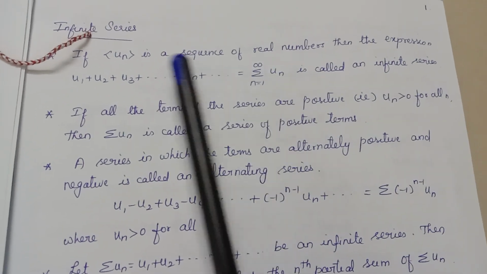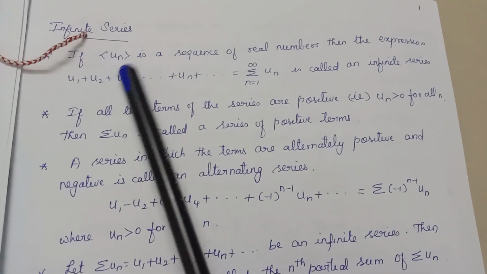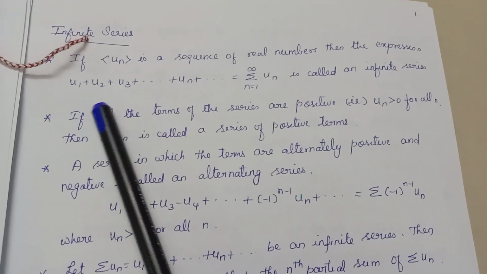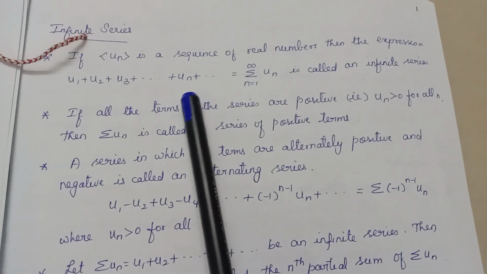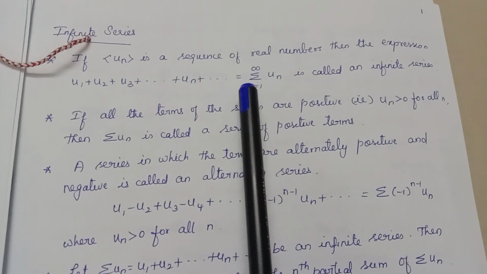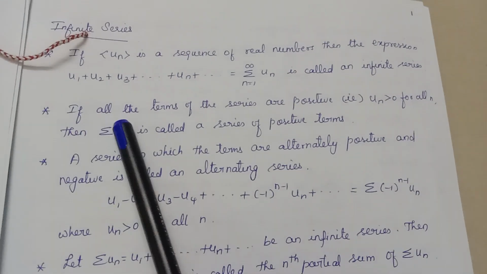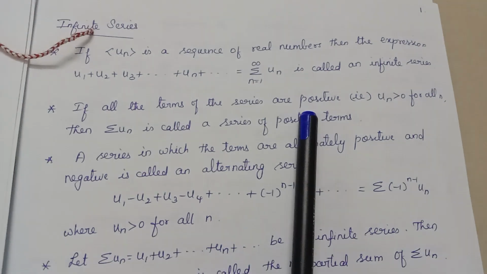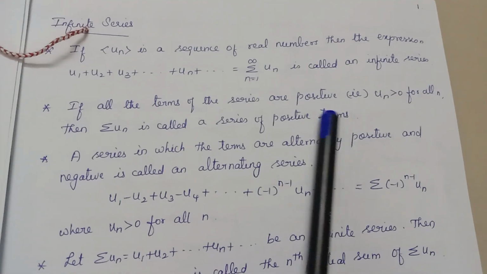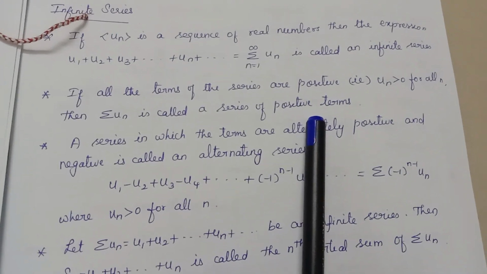All these un are elements of this sequence, and we are finding the sum of all these terms. So this is called an infinite series. Here the summation runs from n equal to 1 to infinity. If all the terms of the series are positive, that is un is greater than 0 for all n, then it is called a series of positive terms.